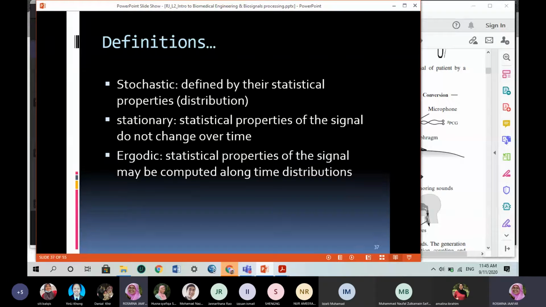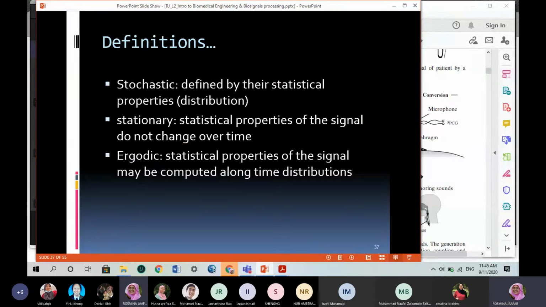Okay, stochastics are defined by their statistical properties. So for stochastic signals, the best analysis is to conduct statistical analysis. You look at the distribution. For stationary signals, the signal is not changing over time.